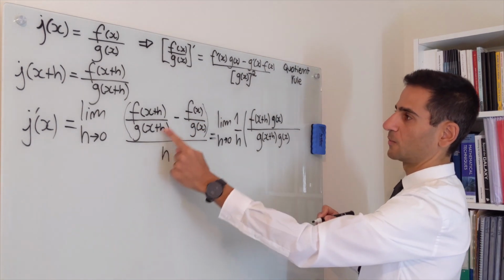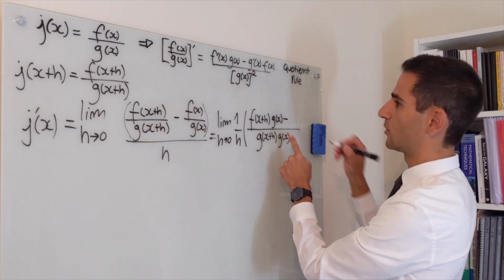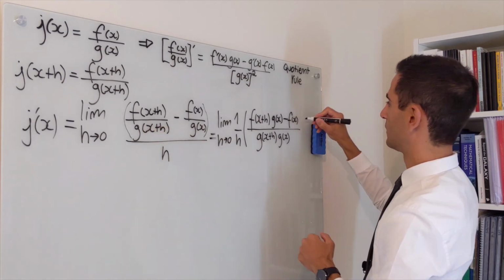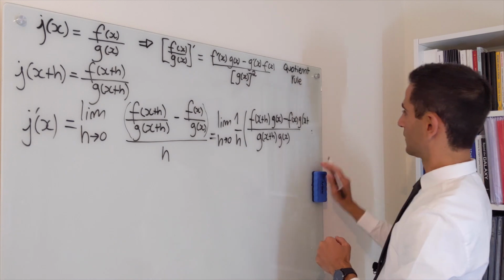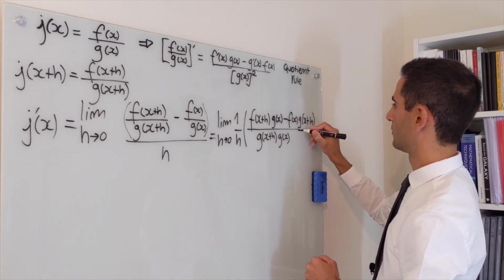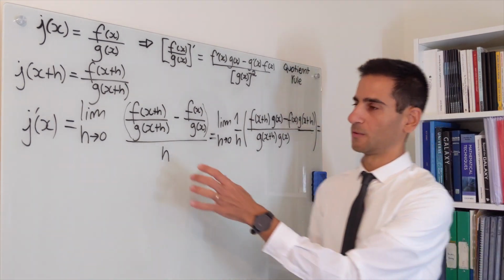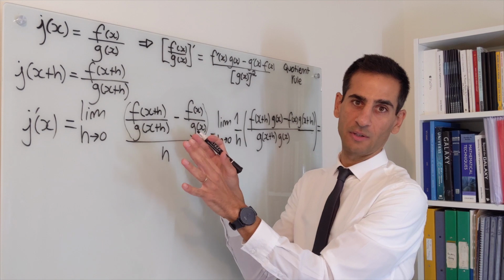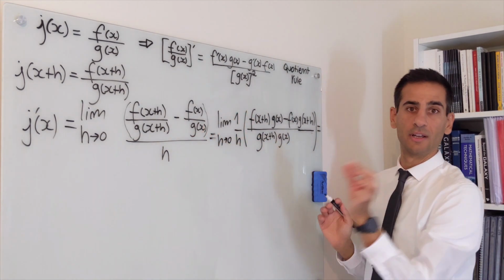And we've multiplied and divided by g of x plus h, therefore we have minus f of x times g of x plus h. So far, so good. We've been able to get rid of the scary quotient. We got the h here, and we found a common denominator.